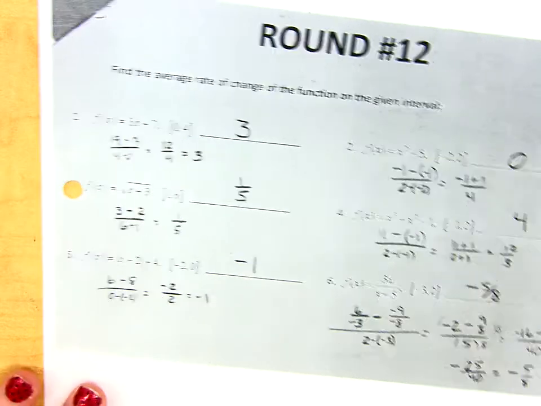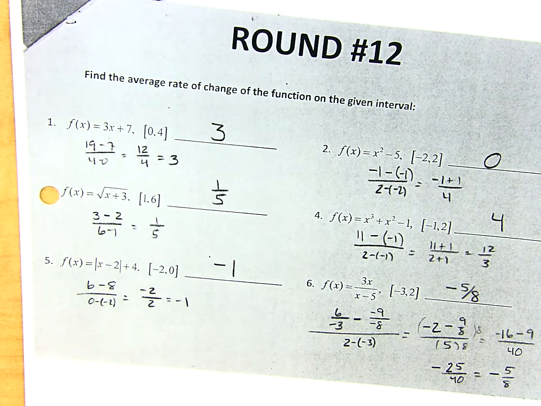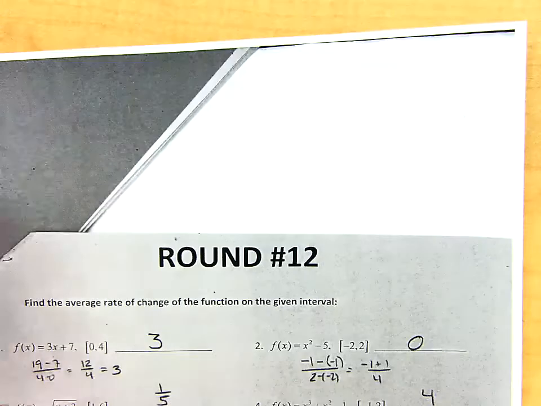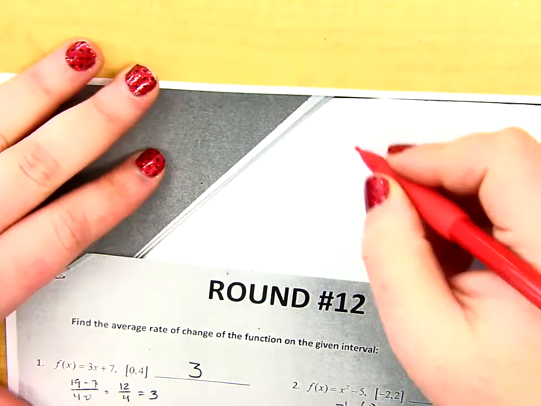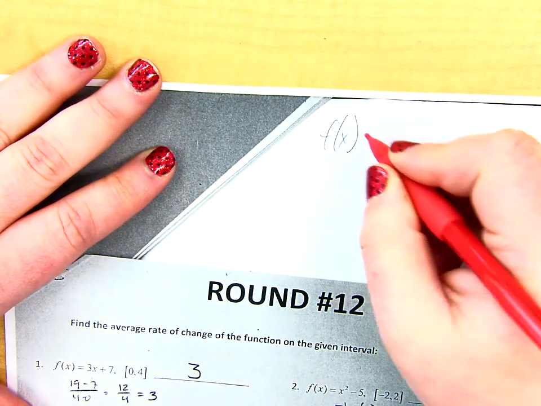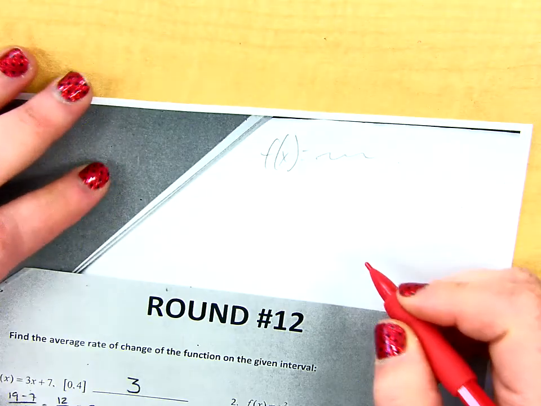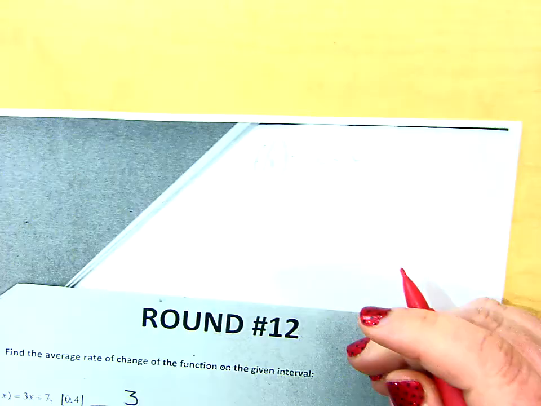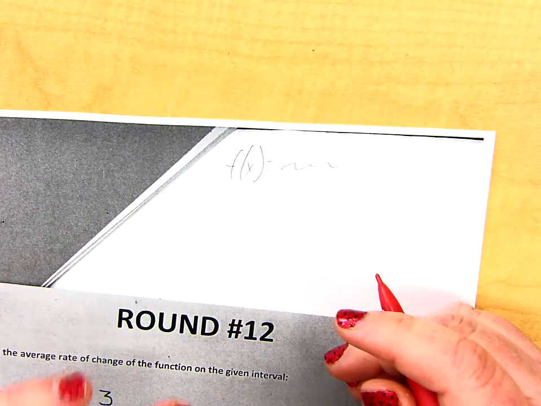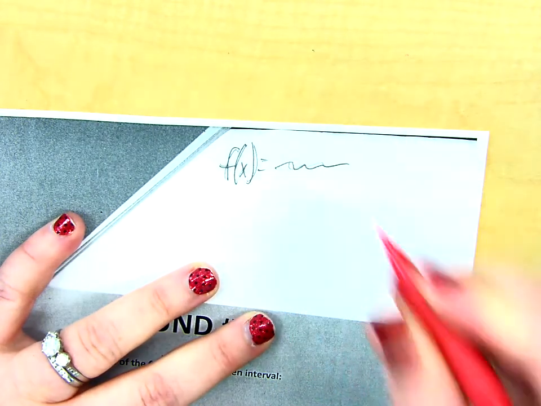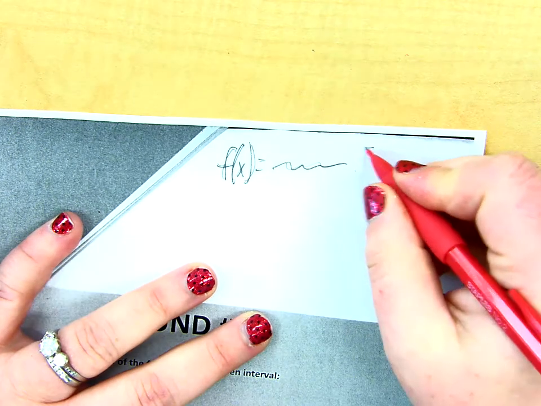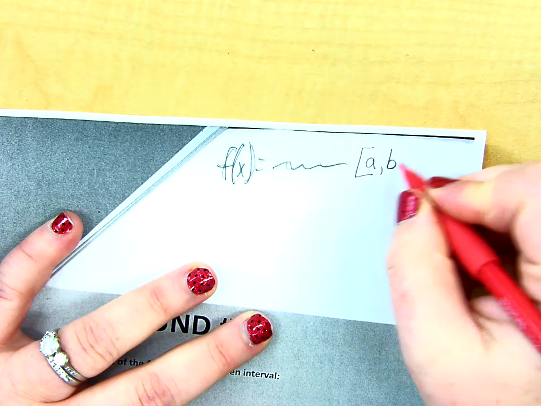And, oh, last one, 12. Almost there, guys. Ah, yes, average rate of change. So, remember how to do this. Do you remember? Oh dear, well, you're going to need to know this. So, I have some interval, right? I'm going to have some function, and I'm going to set it over some interval a comma b.